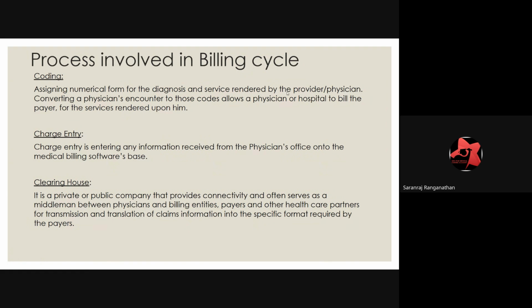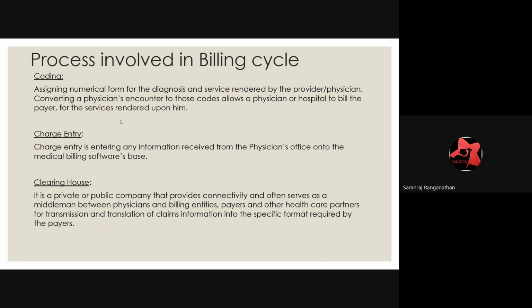So once the transcribed report is received by the coder, the coder reviews the report and gives some numerical codes. The particular codes give the information about what service the provider gave. They are converting from text form into numerical form.